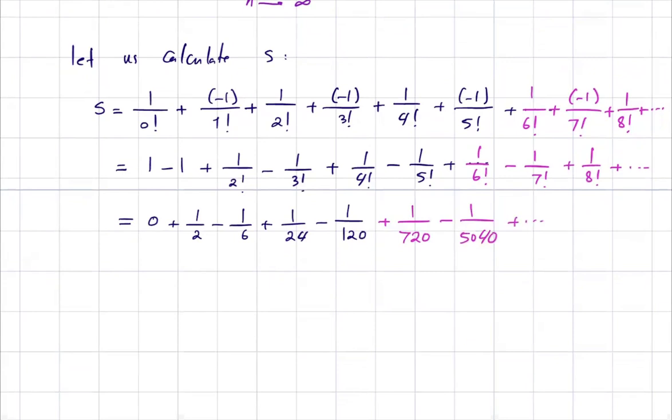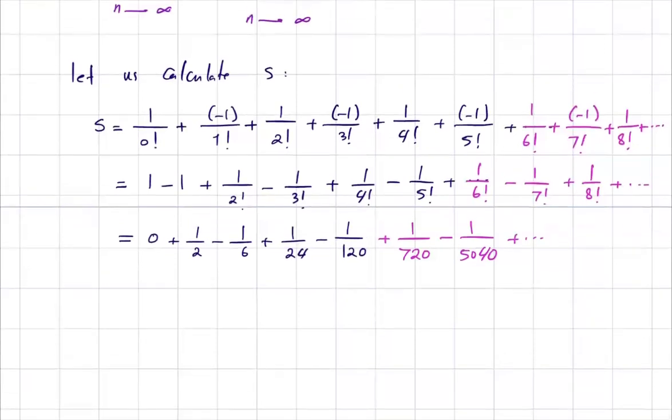So the question is, if you go back to this series, here you have A1, and this is A2, you have A3, A4, A5, A6. We started with 0.